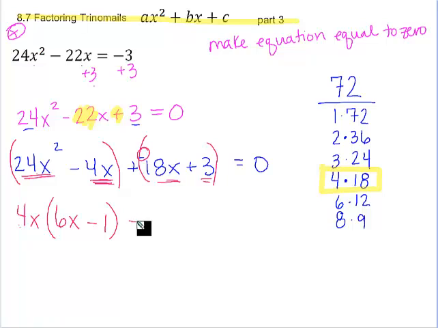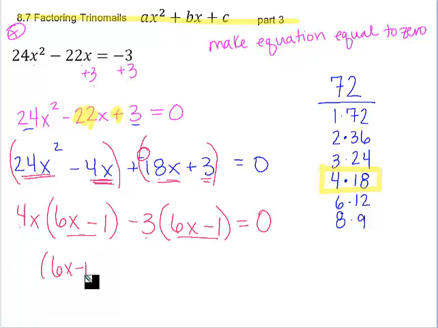Our front term is negative, so we're going to take out a minus 3. Negative 18x divided by negative 3 is a positive 6x. 3 divided by negative 3 is a minus 1. Now the 6x minus 1s are the same, so that is our first parentheses, and our second one is what we had left, being 4x minus 3.